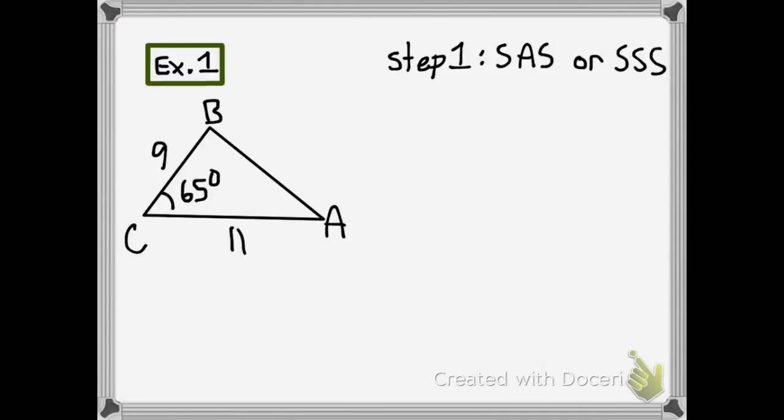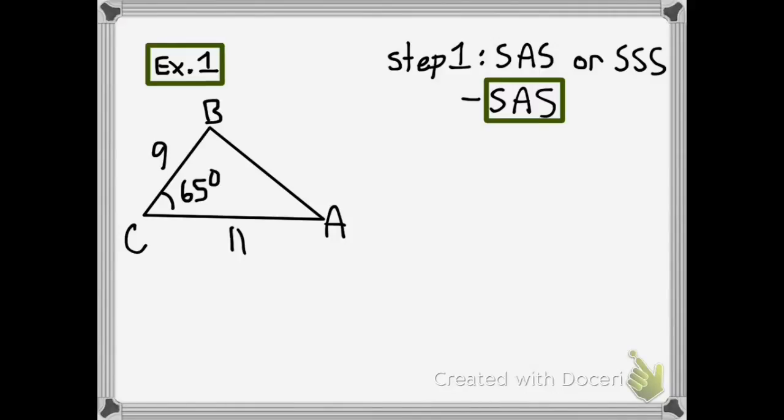And in this case, this triangle would be side angle side. To continue off step 1, we now know it's a side angle side, so we want to follow what equation from side angle side we want to use.